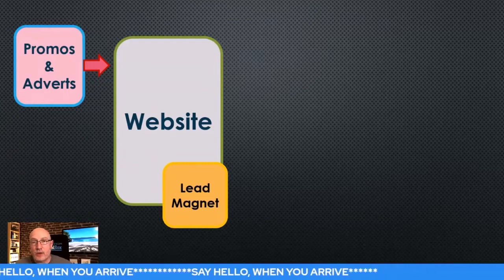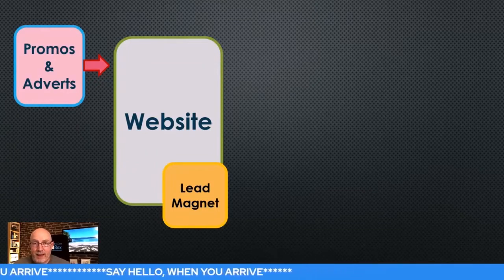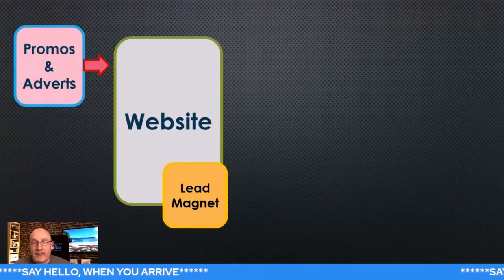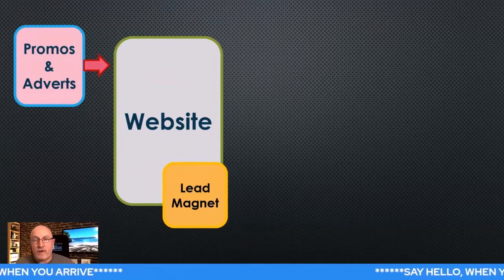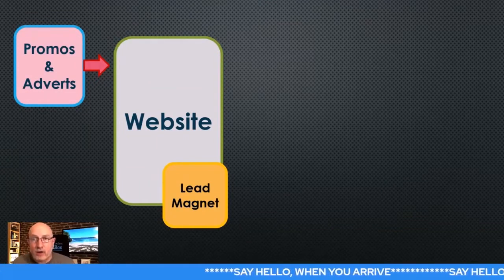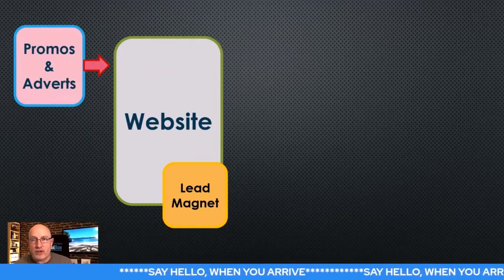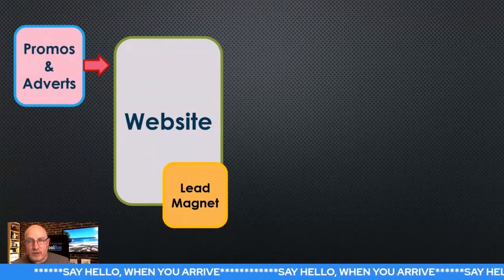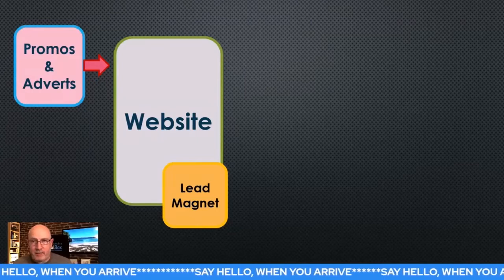In many cases, what you will see out on the web are things like PDF documents that explain things. So, for example, if this particular setup was for a holiday, let's say, you would have a promotion or an advert that would talk about nice sunshiny holiday, blah blah blah.